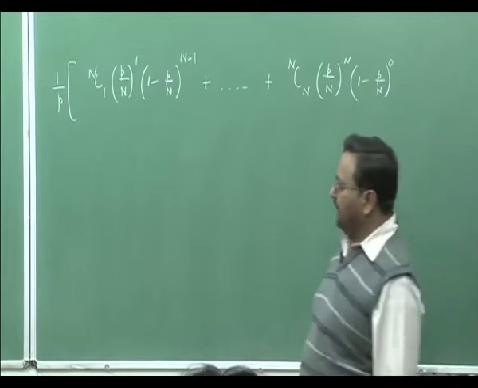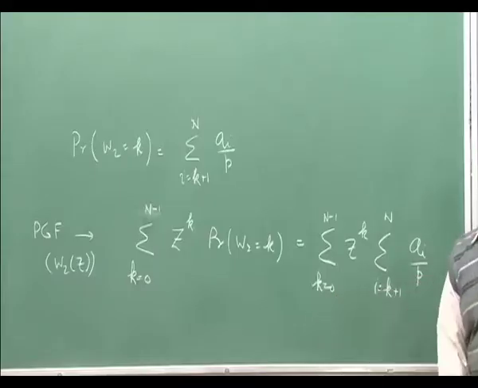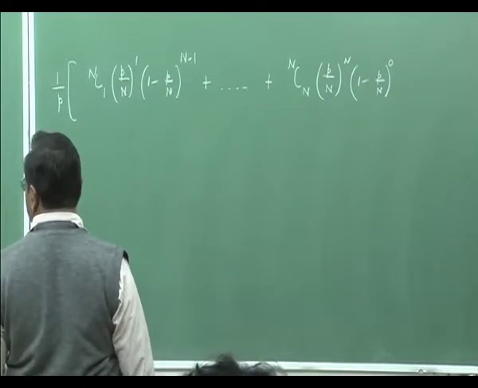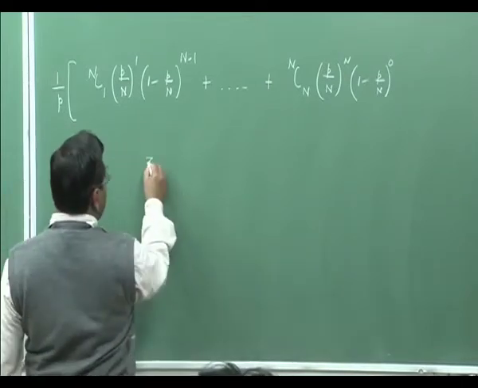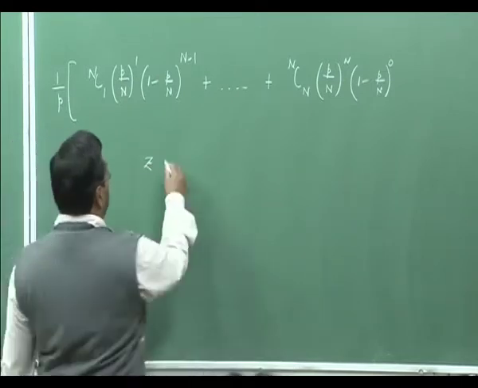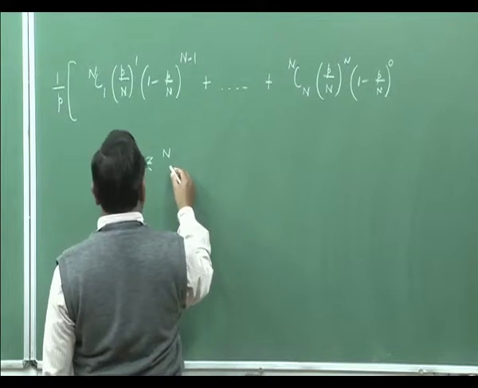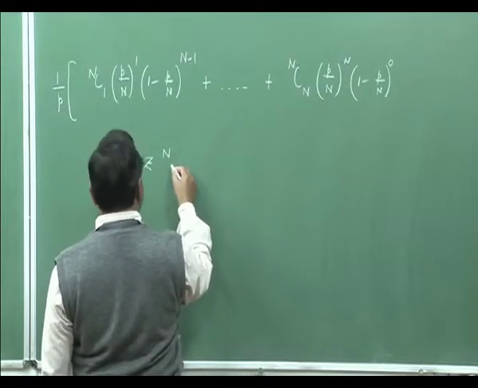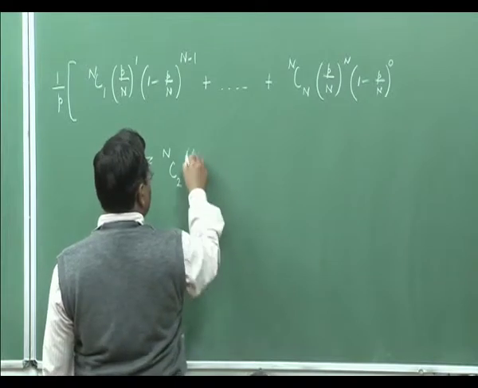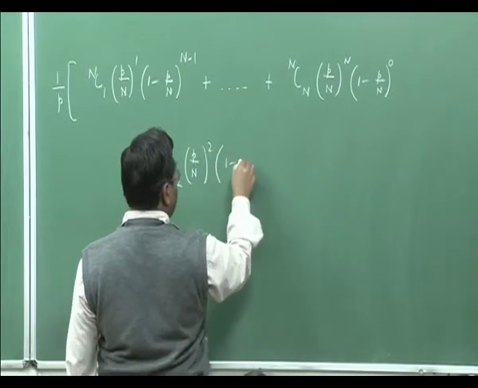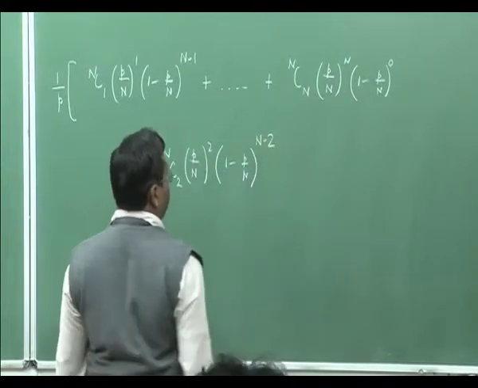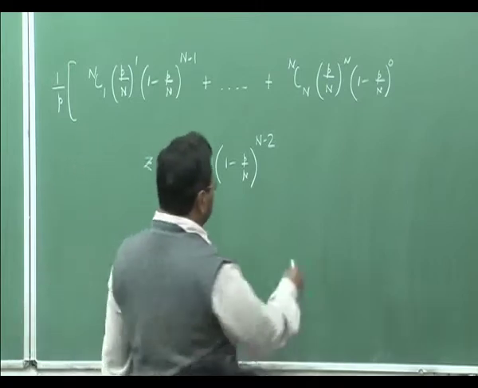That corresponds to k equal to 0. When k is equal to 1, all terms will be multiplied by z raised to power 1. Because k is 1, I has to be 2 minimum. And so on.